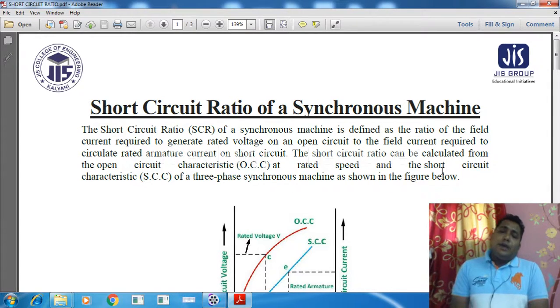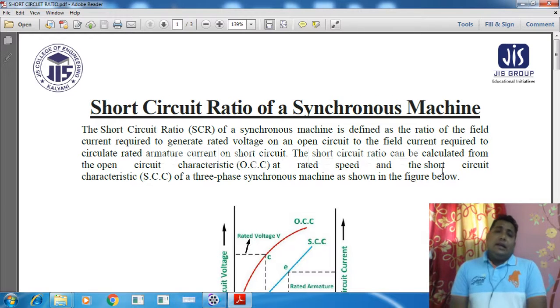Then we have to find its expression, and then its importance. So these are the contents for today. After completion of this class, we will be able to understand what short circuit ratio is, how we can find it, what its importance is, and what its mathematical expression is. So let us start.